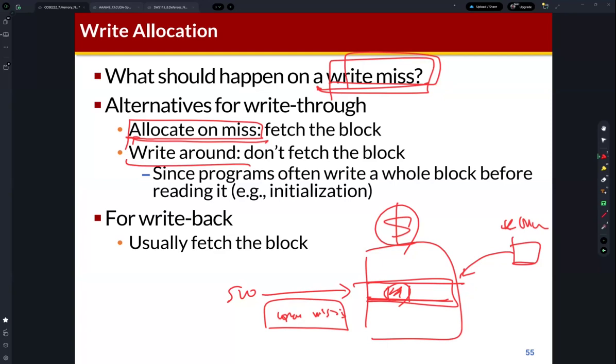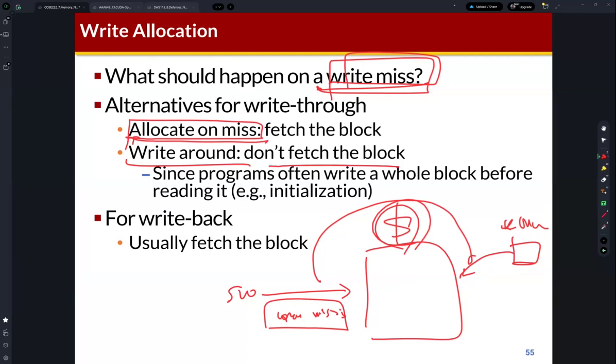With write around, this block is not fetched or updated in the cache. It's just a data update, so it bypasses the cache and just updates the main memory or the lower level cache directly. So we don't fetch the block. There are two cases, but for most cases, if we just update a certain value, we can expect to use this value in the near future, right?